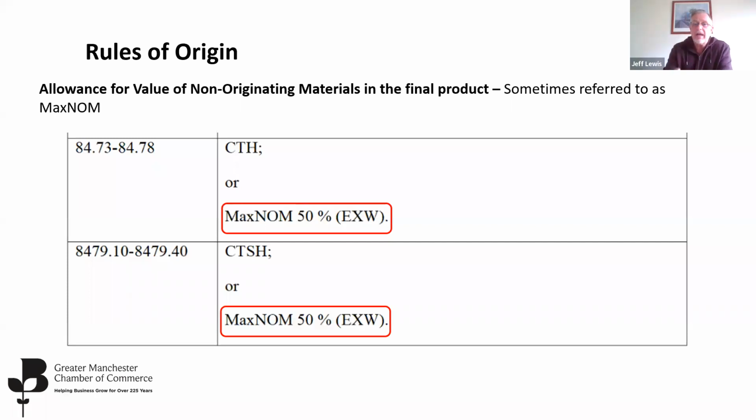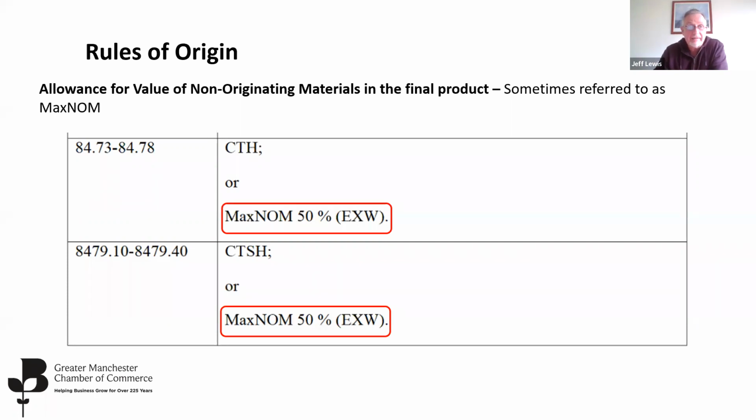So you will have 2 rules. In the European trade agreement, there is 1 rule. Okay, so that's what max NOM is. It's this percentage allowance for non-originating materials in your product that you are claiming to be UK origin. But those products do have to be processed.